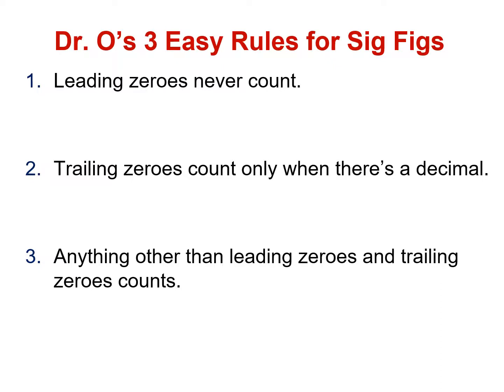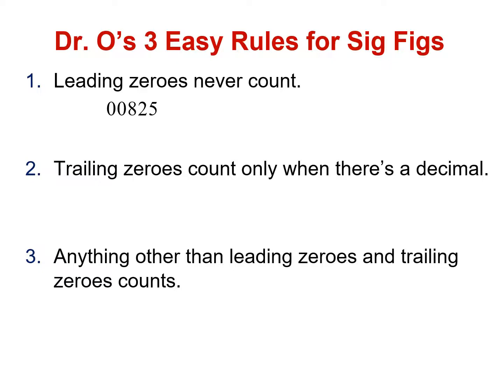Starting with rule number 1, leading zeros never count. Now what this means is that whenever a number has 1 or more zeros to the left, which is where we start reading a number, those zeros will never count as significant figures. So let's look at an example. Here we have 00825.